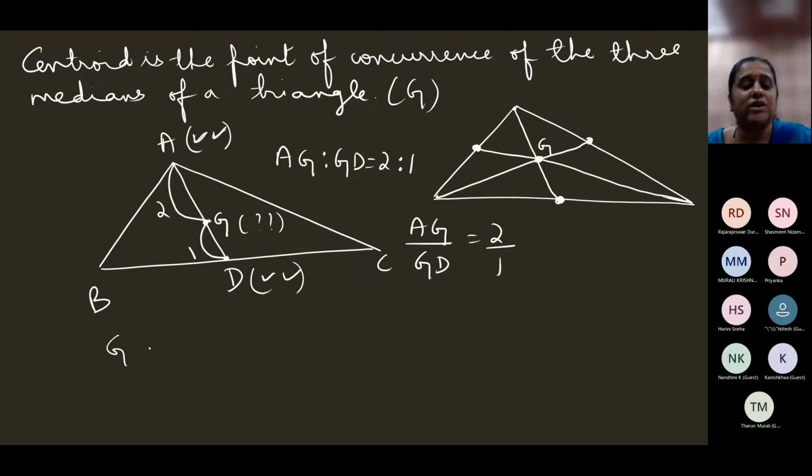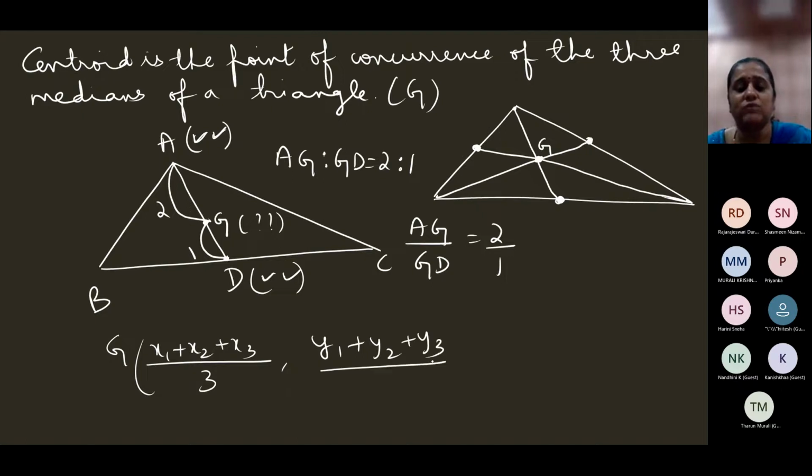So the coordinates of the centroid G are given by x1 plus x2 plus x3 by 3, comma, y1 plus y2 plus y3 by 3. You can make a note of all this if you want to; I am giving you time. The first one is the x coordinate of G and the second one is the y coordinate of G. You don't have to work them together like this; you can find them separately.